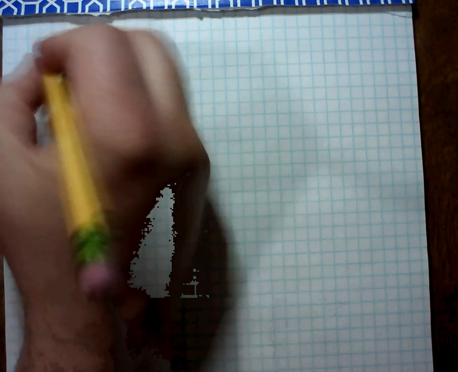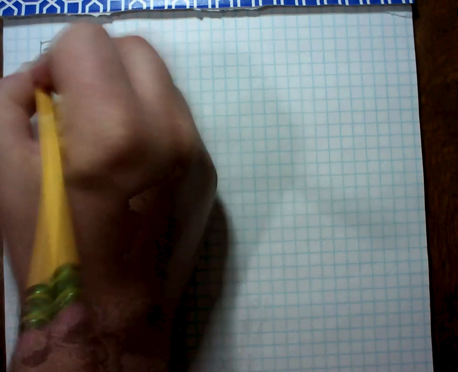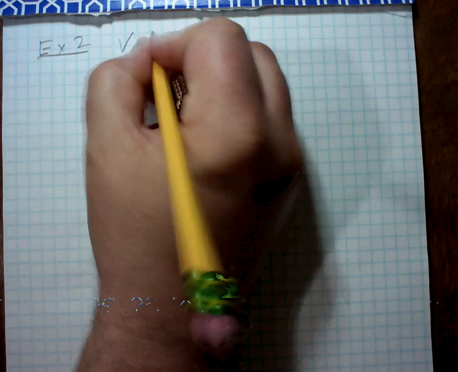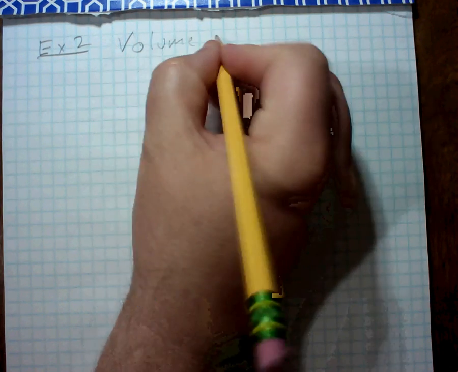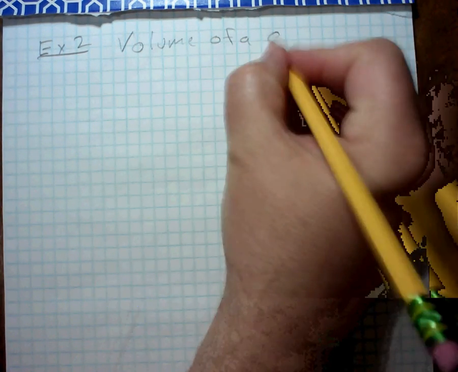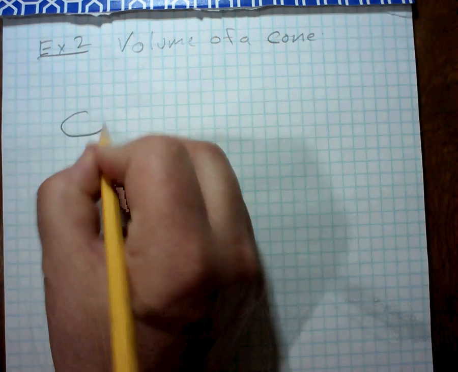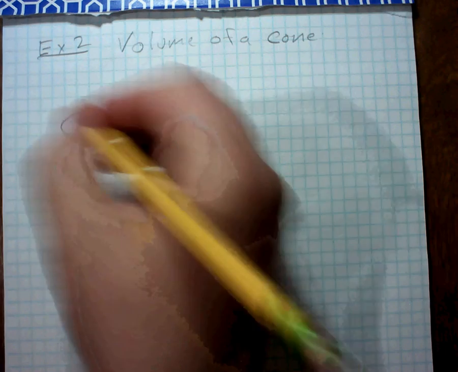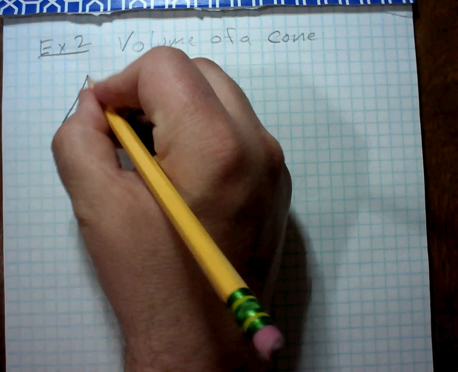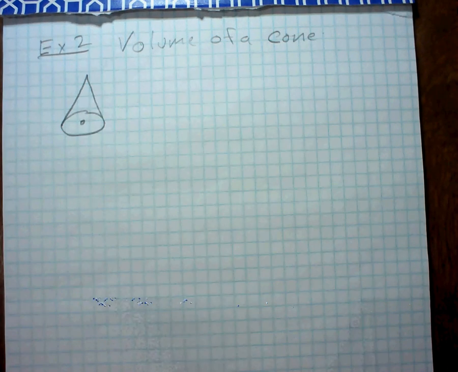So for example number 2, we're going to focus on the volume of a cone. And so again, we are going to have a perfectly drawn cone. And for the volume, we're always going to focus on the altitude height.